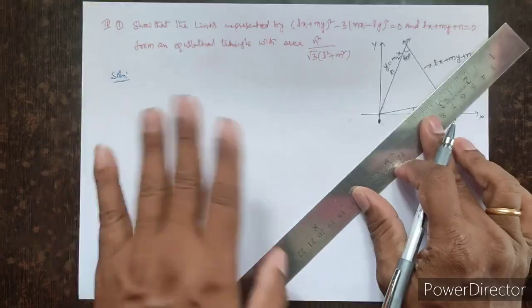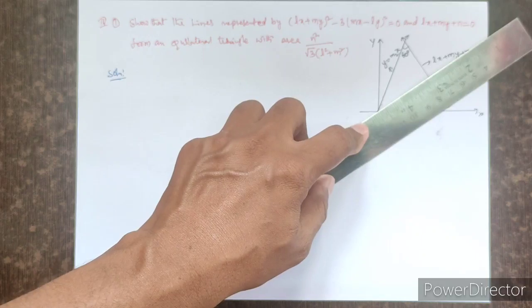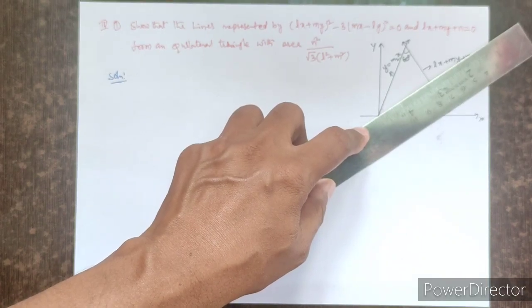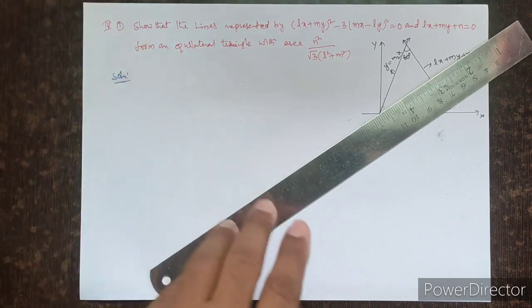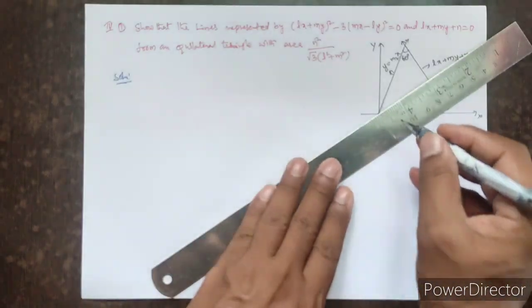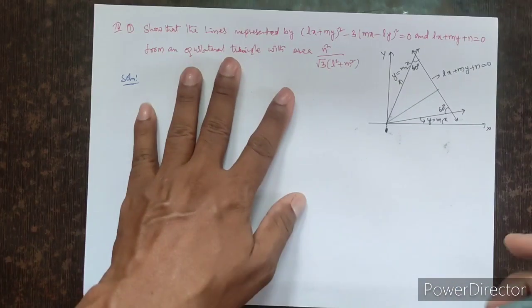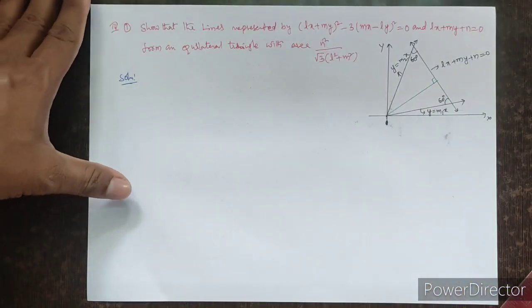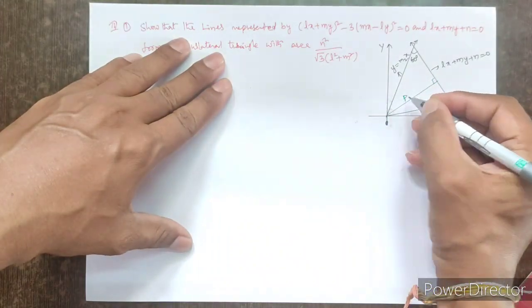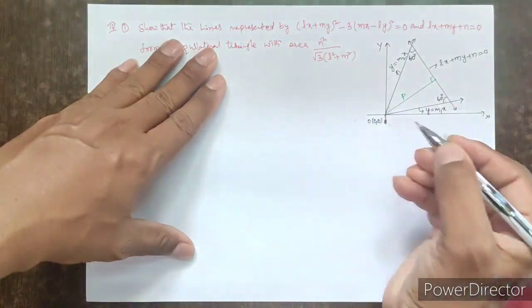And I am drawing a perpendicular line from origin to the given line. That perpendicular distance is nothing but p. This is origin (0, 0).